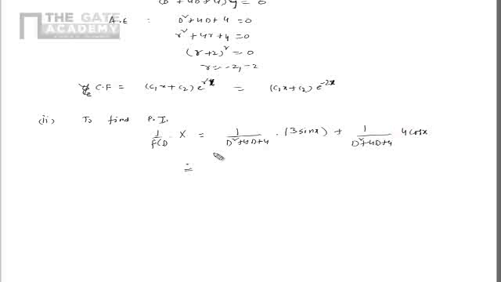Now what I am doing is I am putting D^2 as minus a^2, which is minus 3^2 or minus 9. So this is 1/(-9 + 4D + 4) times 3 sin x, and similarly here also 1/(-9 + 4D + 4) times 4 cos x.